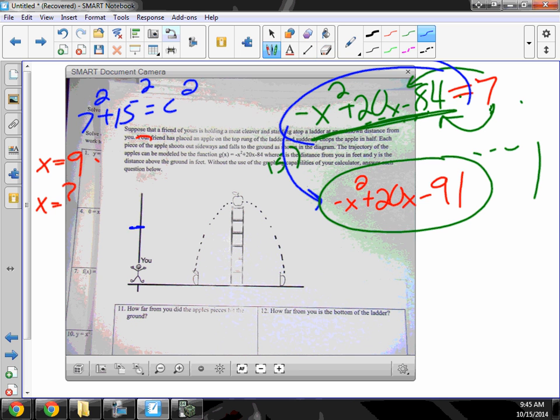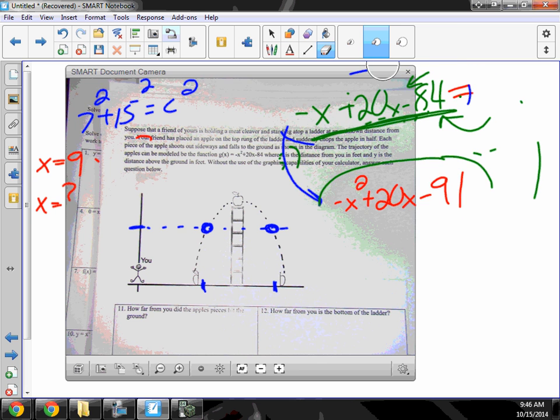So here's my 7-foot line. I want to know what are the x values for those two intersections, which looks like about here and about here, right? Well, the way to do that using algebra is take the original quadratic and set it equal to 7.